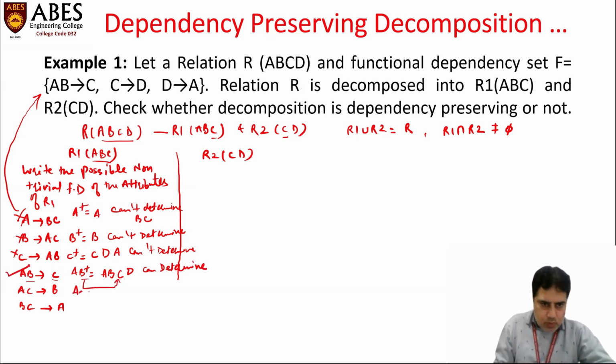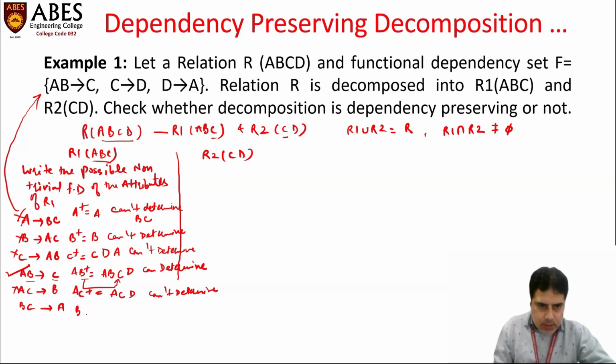Now take the attribute closure of AC. From C to D, and from D to A. So from AC, B cannot be determined. So this can't hold.